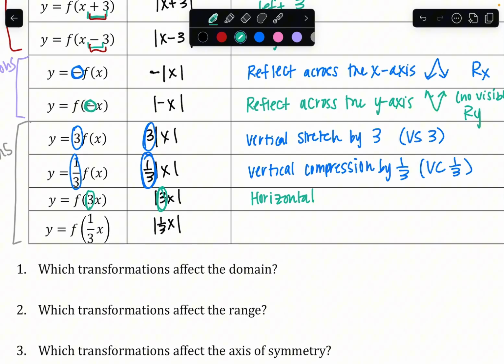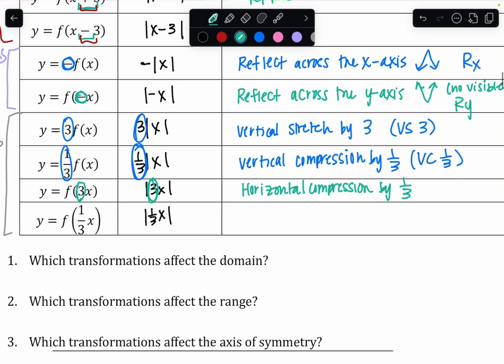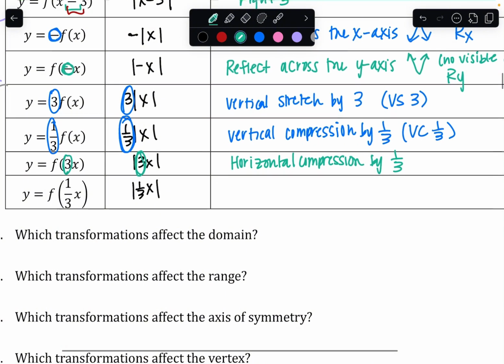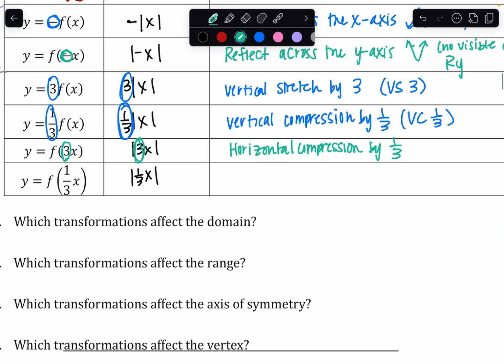And instead of saying stretch by 3, which is what you would think, we're going to call it a compression by 1/3. Anytime you change the input, it's kind of like the opposite because you have to account for the fact that you're changing your input before applying the function. And then if we have a 1/3, that's going to be the horizontal stretch by 3.